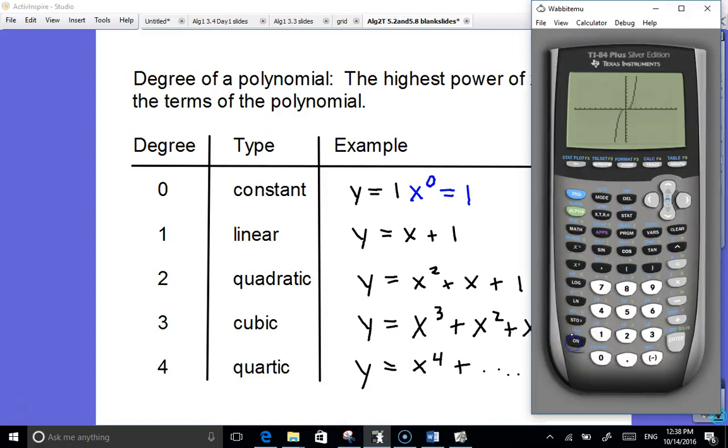I'll show you at Stat, and you arrow over to the calc in the middle, and you can see in the menu there, starting at number 4, 4 is for linear, 5 is for quadratic, 6 is for cubic, and 7 is for quartic. And they don't go any higher than that. They only give us those 4 options. So we'll do the same thing. No point going above quartic if we don't actually have to go above quartic.